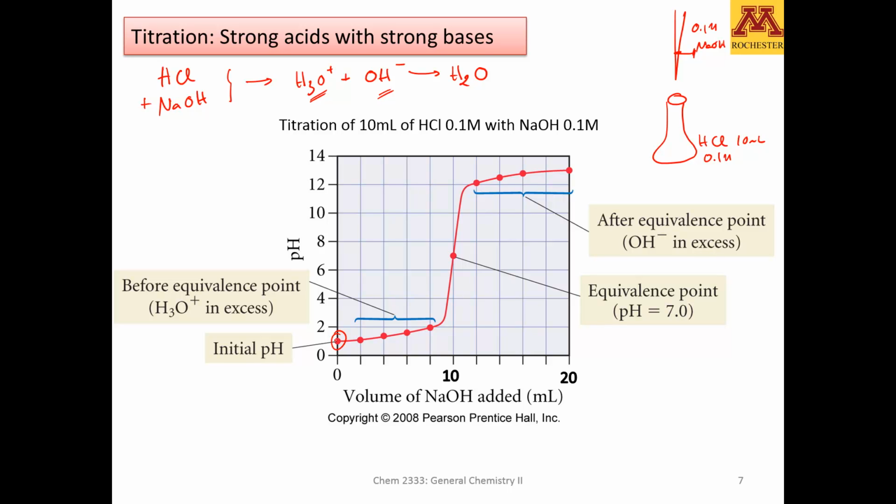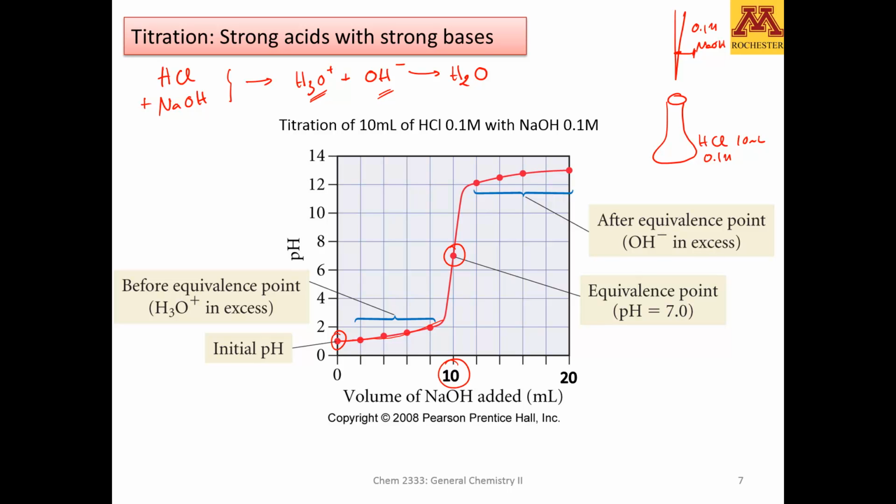And you just need to build the ice table to figure out how much of the hydronium is left to calculate the pH, but notice that initially the pH barely changes until you add as much sodium hydroxide as hydrochloric acid there was. We did that in moles. It's very convenient to do it in moles because concentration will change as you change the volume, so it's better to do it first in moles.